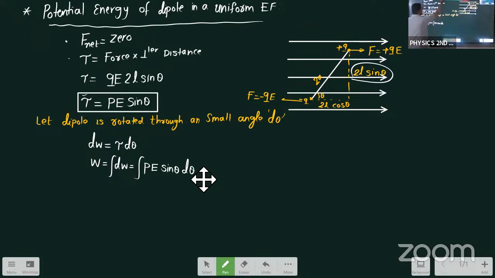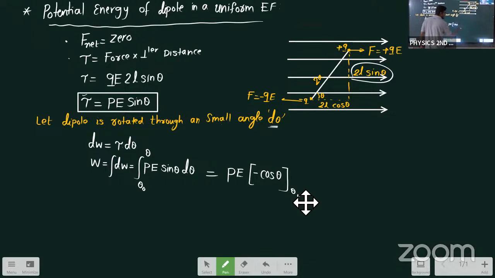Let us assume that the angle is changing from theta naught to theta. P is constant. The integration of sin theta will become minus cos theta. So this will become P E times minus cos theta, with theta changing from theta naught to some theta.